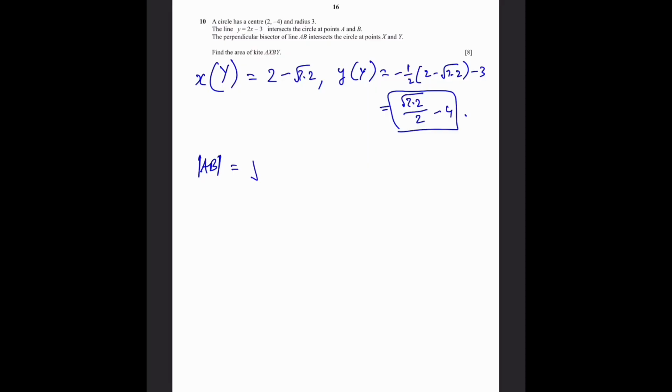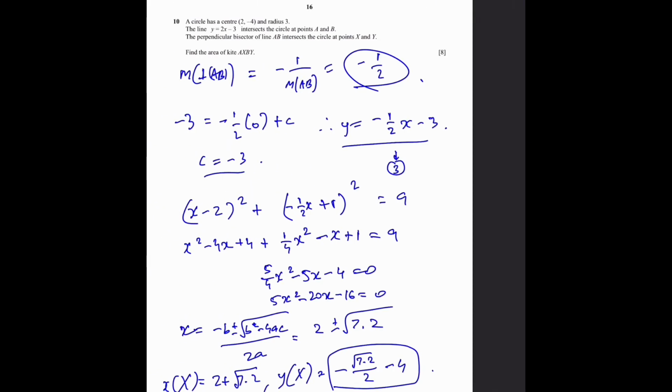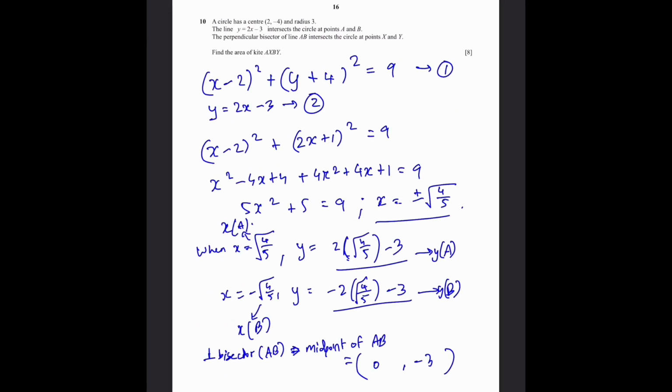I'll do AB first. So root of (x2 minus x1) the whole squared, let's just say x of B minus x of A, the whole squared, plus (y of B minus y of A) the whole squared. So x of B, we found the point B, the x value is minus root of 4 by 5, and the x value of A is just root of 4 by 5.